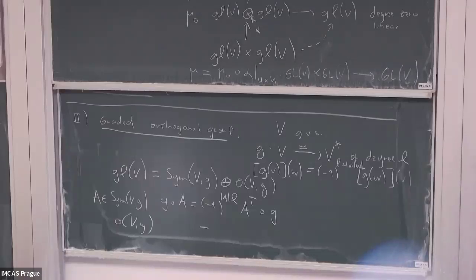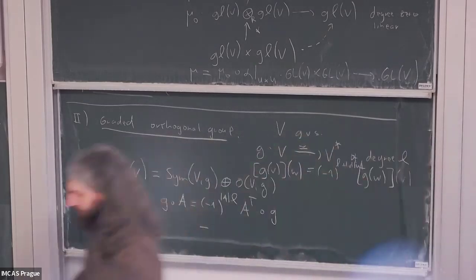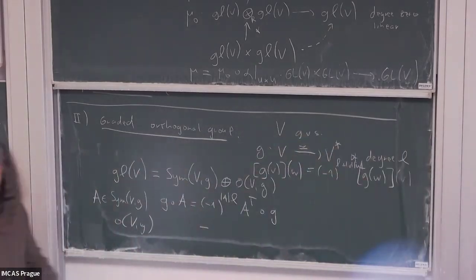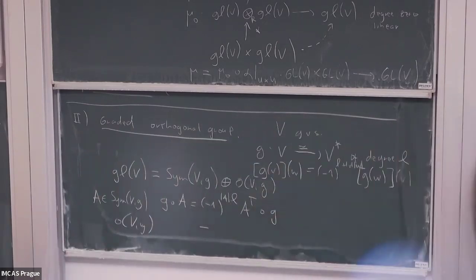Of course, you cannot define it as a set. So in ordinary geometry, you would say, okay, I only consider maps which satisfy some condition. Of course, here you can't do that. So you have to approach it in a clever way, or at least I think it's clever.